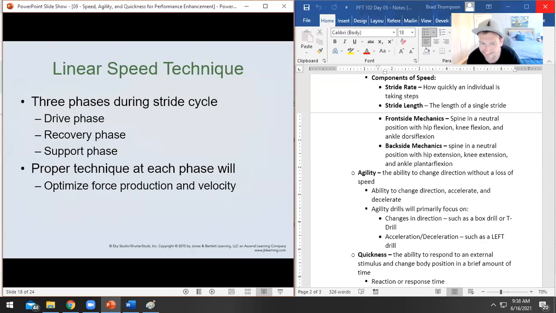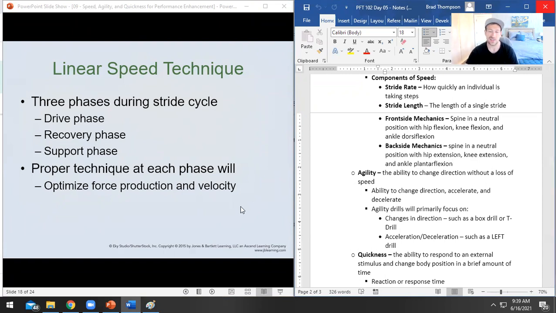So anyway, there's a lot more impact when you are running heel to toe than when you are running on the ball of your foot. That is because of proper front side mechanics. If you don't have that toe pull, you have that lazy foot just hanging down, and you are much more likely to hit the ground harder. Your recovery phase is going to be longer. Everything is going to be longer.